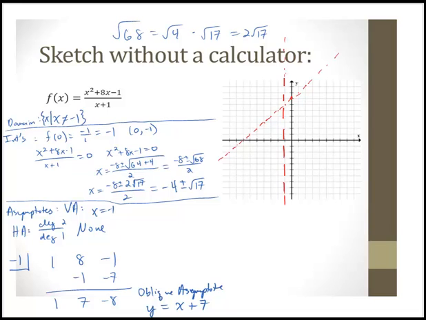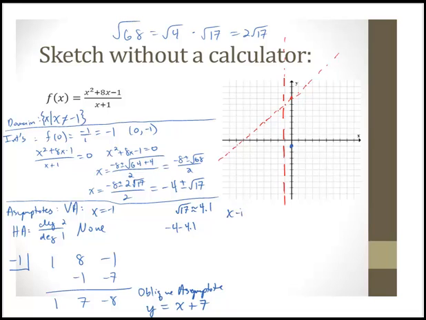What else do we have? I have an intercept at (0, -1), and x-intercepts at -4 plus or minus the square root of 17. The square root of 17 is a little bit more than 4. Let's just say it's about 4.1. So -4 minus 4.1 is -8.1.